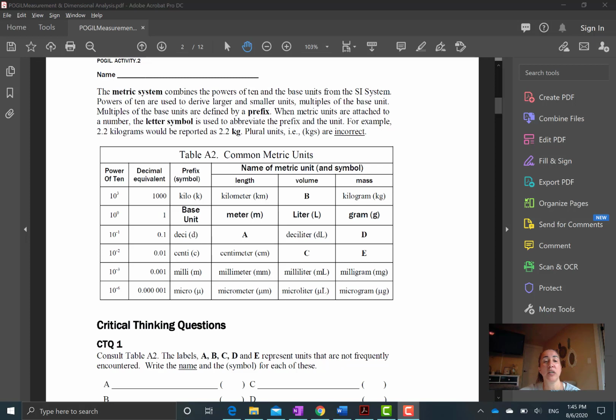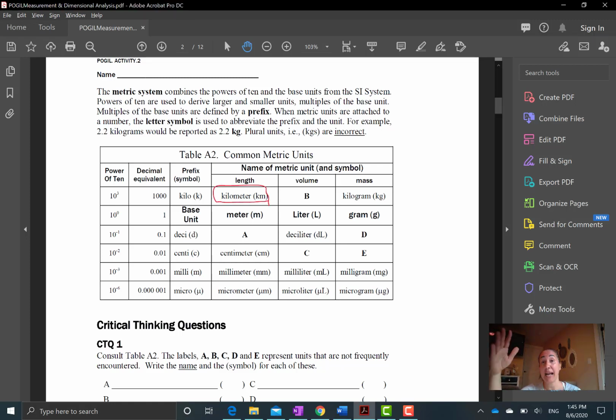For example, if you look at the table here, the first line is a kilo, right? The SI unit that they're referring to in this example is the kilometer. Well, actually, meter. That's the SI unit. The prefix is what we use to make the relationship between the different powers of 10. So a kilometer is something that is 10 to the third meters.